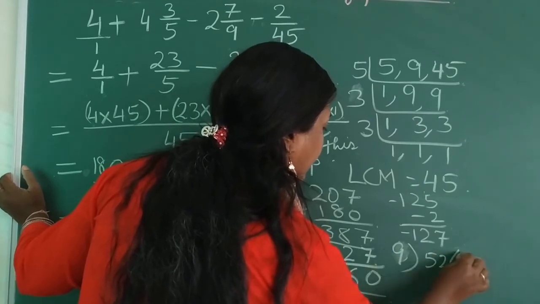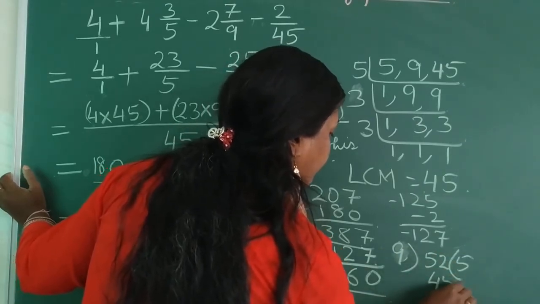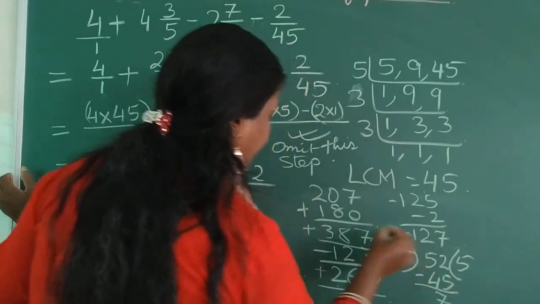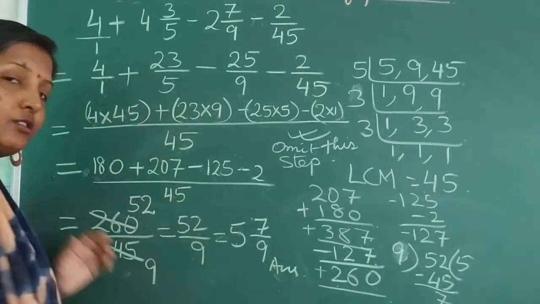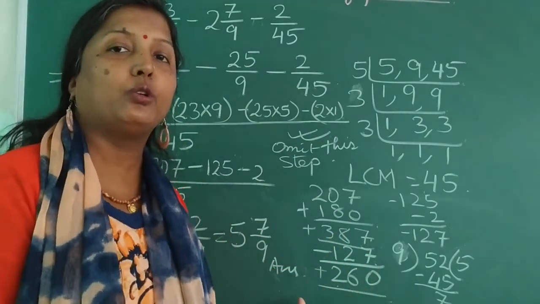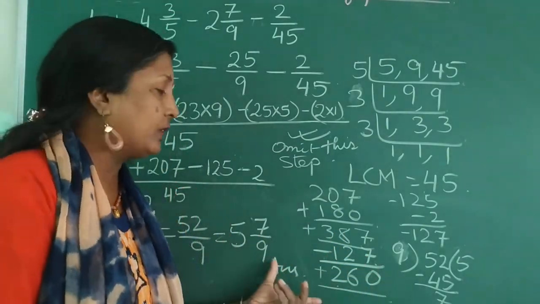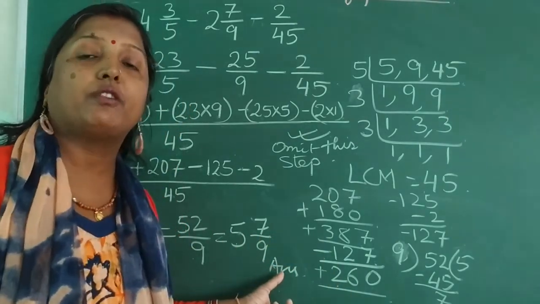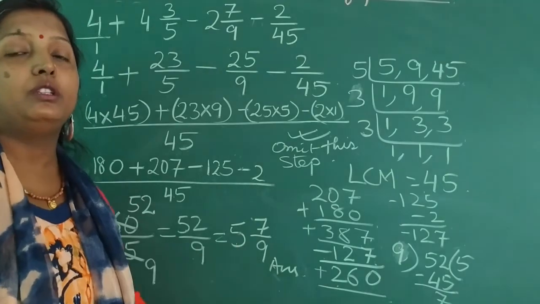We get 9 5s are 45, minus, you get 7. So 5 7 by 9. So our answer is correct. So you can do it orally if you are okay with oral division. If not, go for the written part. But do convert the improper fraction to mixed fraction. That gives you the answer.